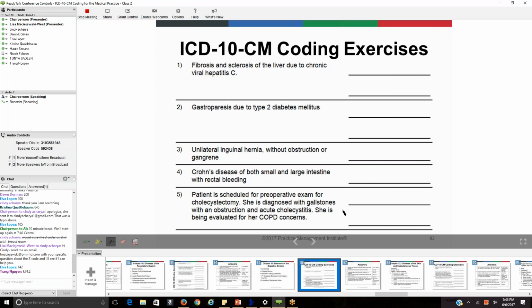And so, again, this allows us, because we have the fibrosis and sclerosis of the liver due to chronic viral hepatitis C, we can go directly to the B15 through B19 codes, or we can go back to the index and look up hepatitis and then viral C. So either way, K74.2 is your hepatic fibrosis with hepatic sclerosis, and then we can go to the B15 through B19 codes.